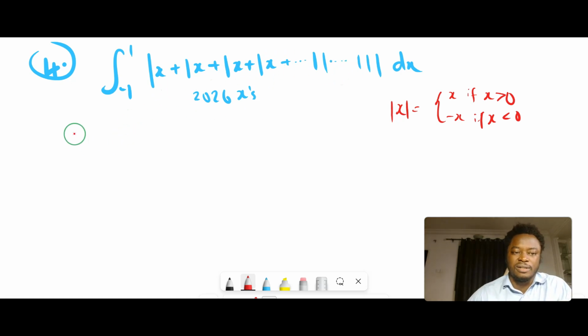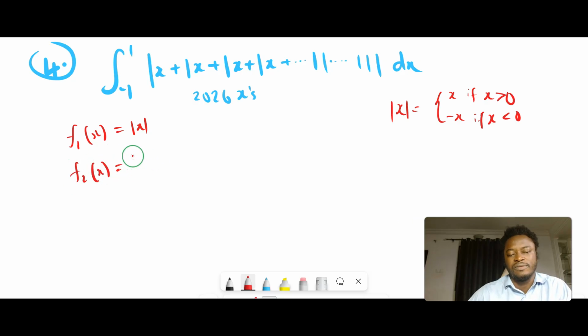Let's just define f sub 1 of x to just be the absolute value of x. So f sub 2 of x would be the absolute value of x plus the absolute value of x, which is the absolute value of x plus f sub 1 of x.